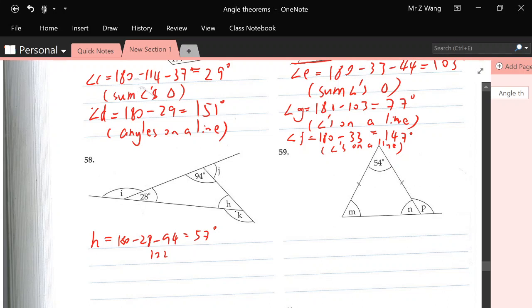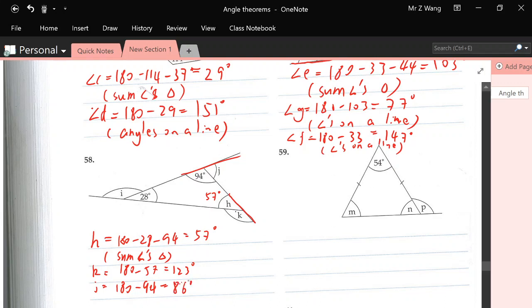Now the reason is sum of angles in a triangle. And then we can use angles on a straight line. So this is 57, right? K can be figured out using 180 minus 57, which is 123 degrees, right? And then similarly, J can be figured out. 180 minus 94, which is 86.